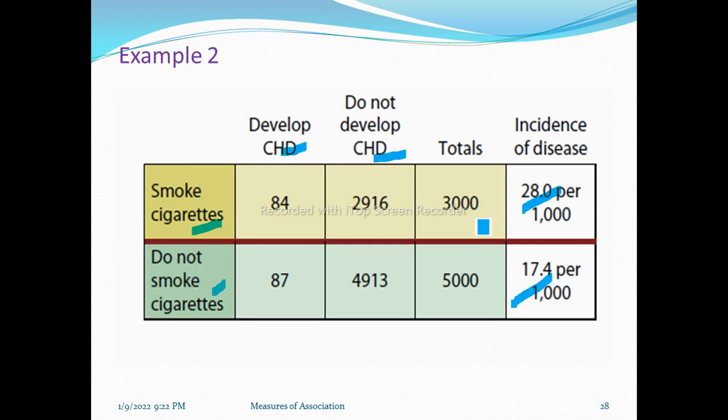If you divide this one by this one, it is the relative risk. But if you subtract this one from this one, it is the attributable risk, which is the risk difference.